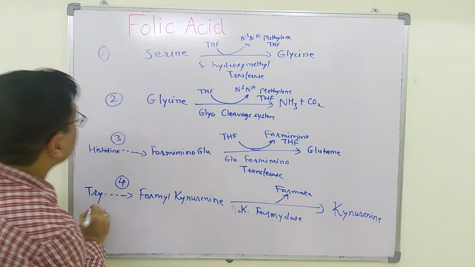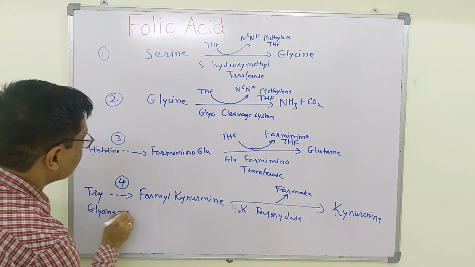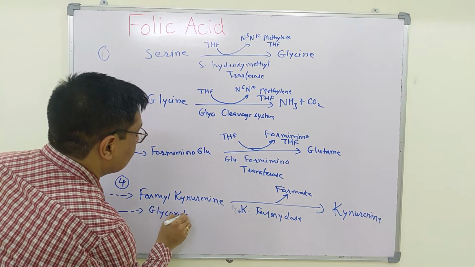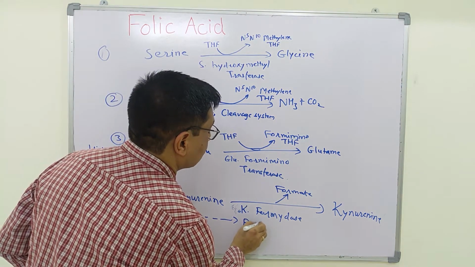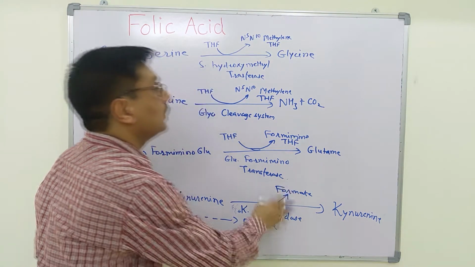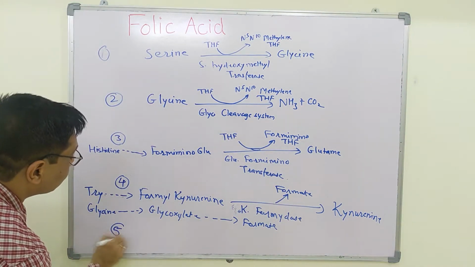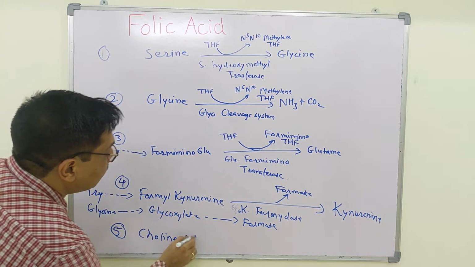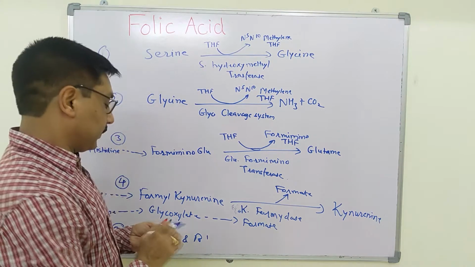Similarly, glycine, which is converted to glyoxylate, is converted into formate. These contribute for formyl tetrahydrofolate, and choline and betaine contribute for methyl tetrahydrofolate.